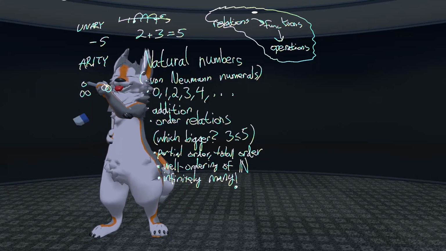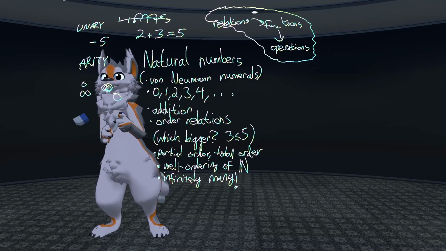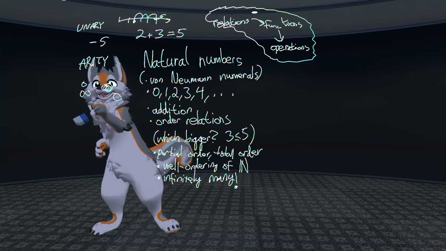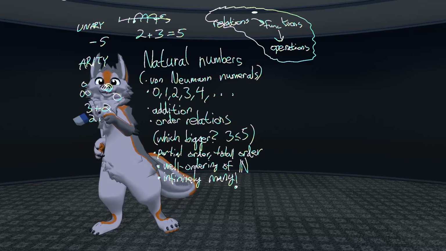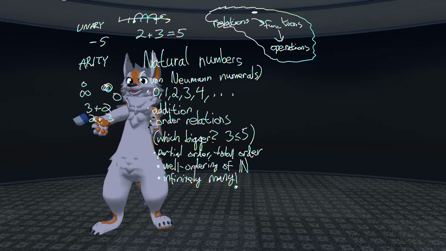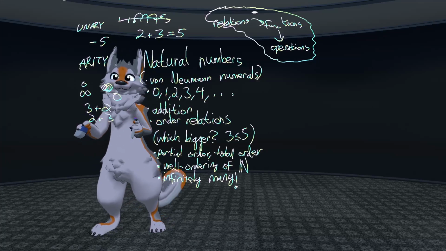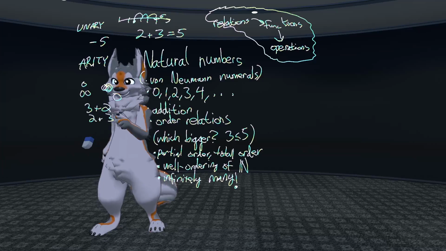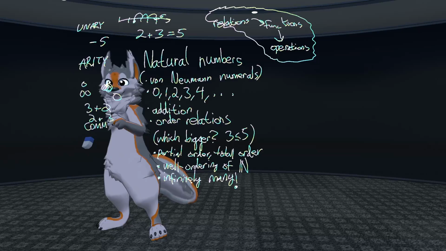So there are 3 balls here and 2 balls here. Now, it doesn't matter whether you count the 3 balls first and then the 2 balls, or the 2 balls first and then the 3 balls. So these are the same thing. And the name of this property is commutativity.